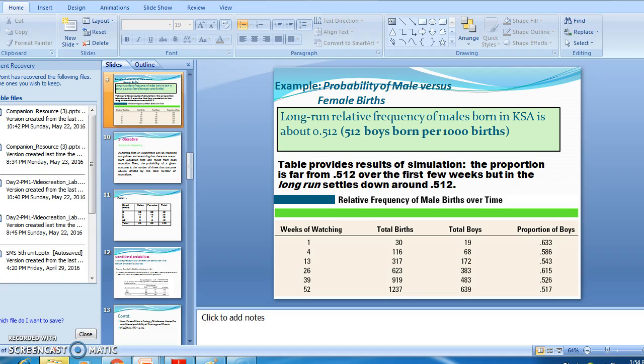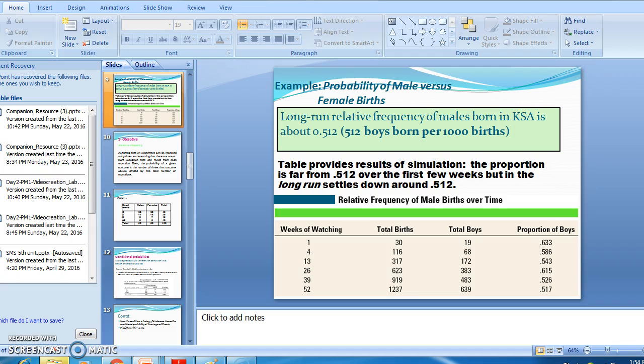So let's see an example, probability of male versus female births. In the long run, the relative frequency of males born in KSA is about 0.512.